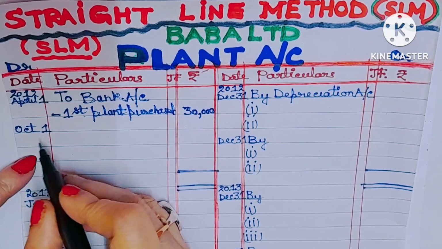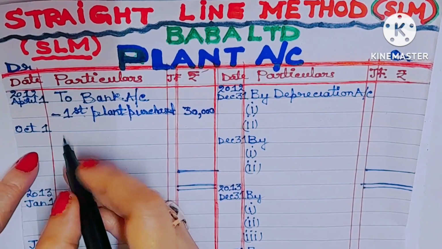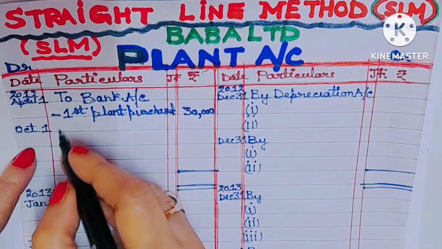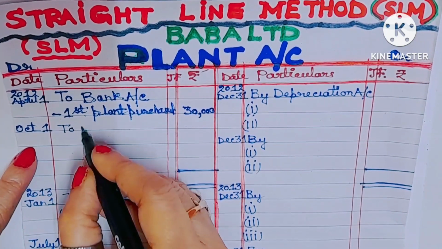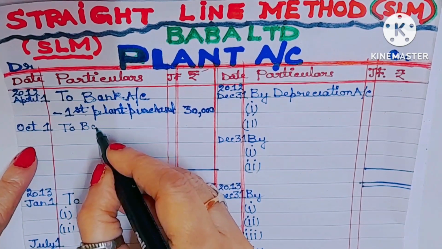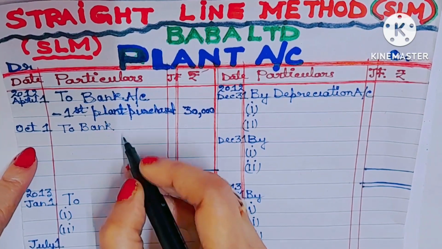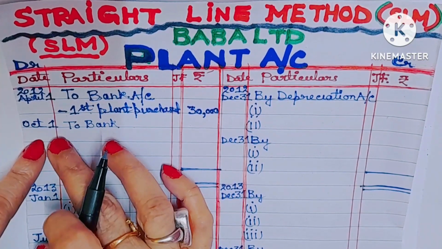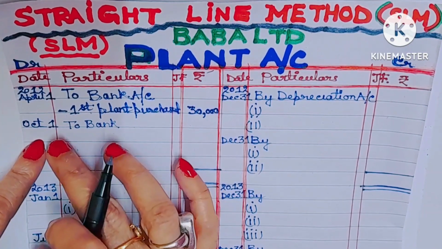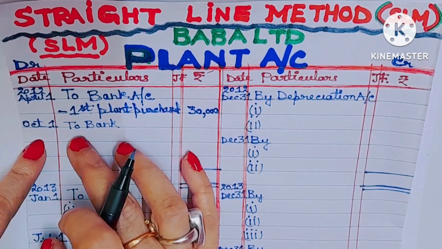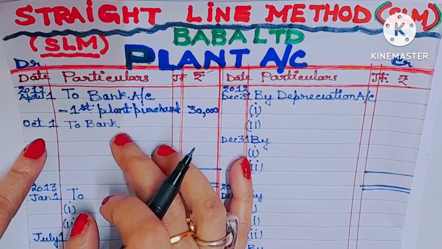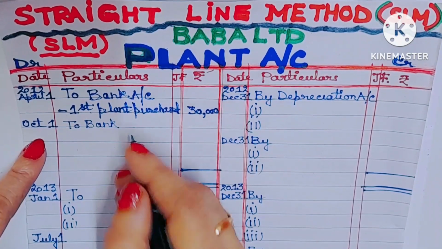On 1st October 2012, you have to write October 1st to bank account, because I've told you whenever we are going to purchase, first you got to write October 1st because the plant was purchased on 1st October. Whenever you're going to purchase an asset, you have to write on the debit side of the asset account. Okay.